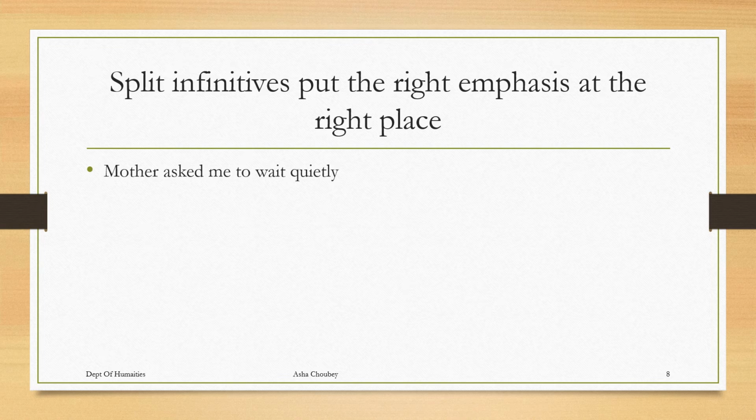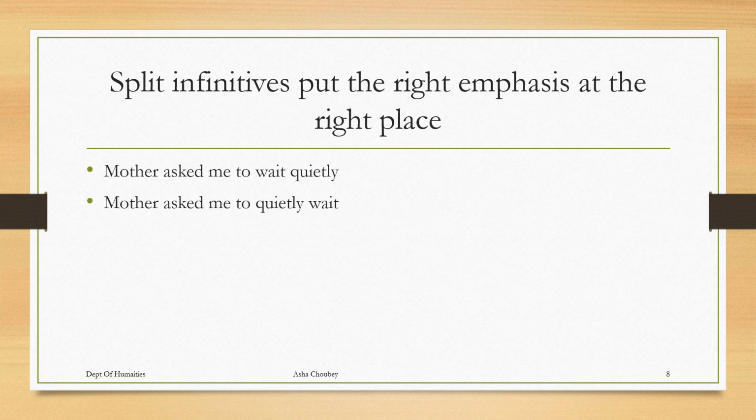But now let me reframe this sentence and give you another one. Mother asked me to quietly wait. Now the meaning does not change at all. Only the construction changes. In the first sentence, I said, Mother asked me to wait quietly.